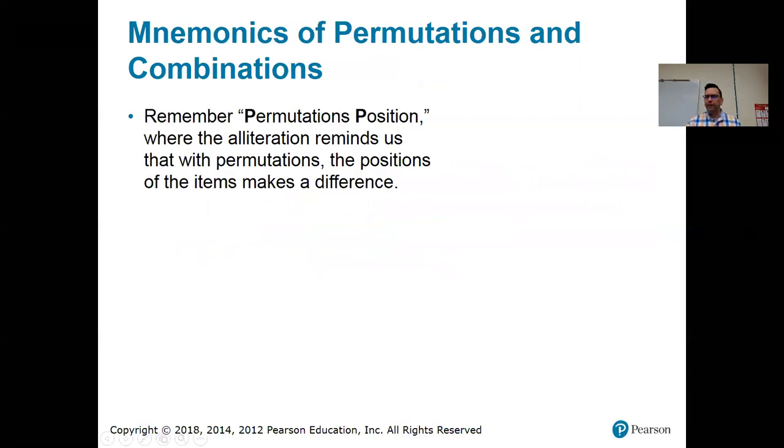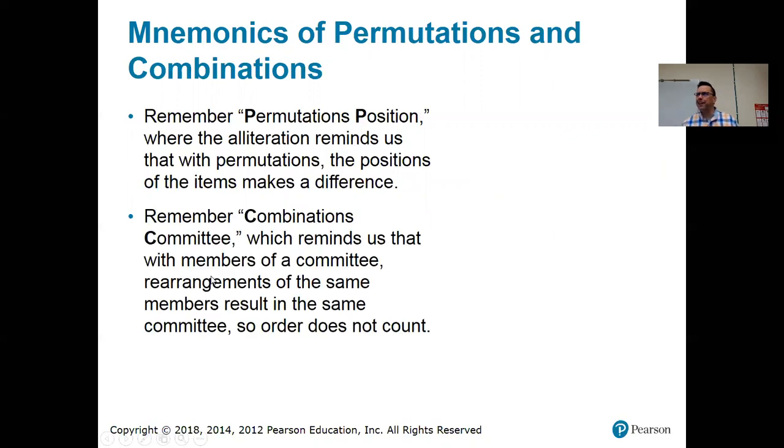All right, so they have this cute little mnemonic device to help you remember the difference between a permutation and a combination. I have never seen this before. Remember, permutations position and combinations committee. So permutations position means the position is important.